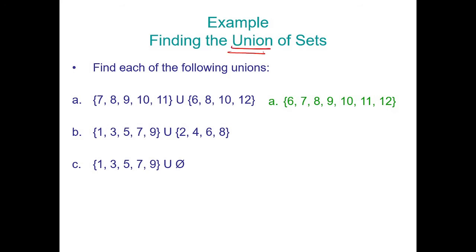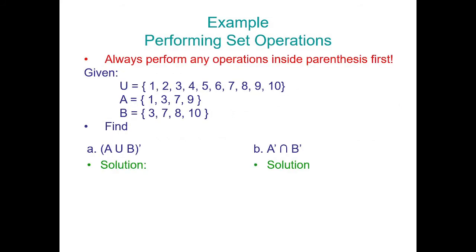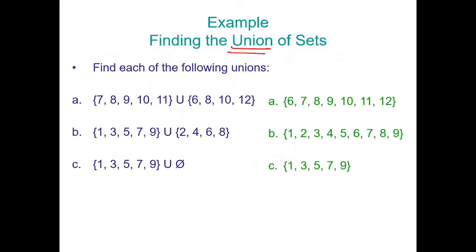What about letter B? 1, 2, 3, 4, 5, 6, 7, 8, 9. What about letter C? 1, 3, 5, 7, 9. That is the set itself. Understood?